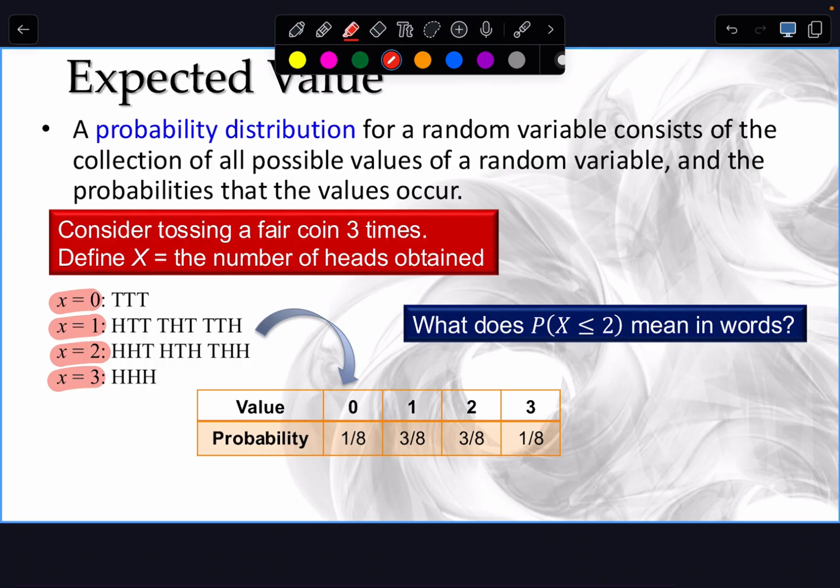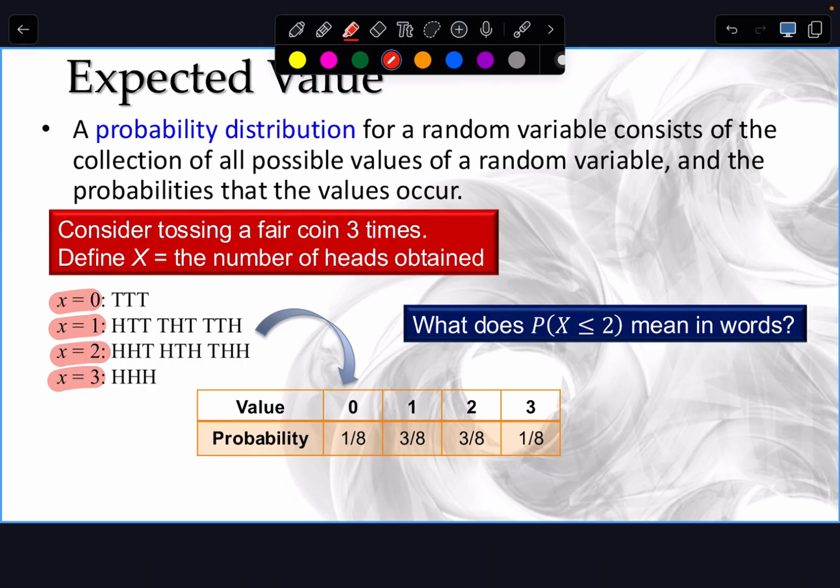There's only one possible way for me to obtain that, and that's all 3 tails. But getting a single head can happen 3 different ways. That head can show up on the first flip, second flip, or a third flip. Getting 2 heads means getting a single tail. That tail could happen first, second, or third as well. So there's 3 different options there. And then my final outcome would be 3 heads, only one possible outcome there.